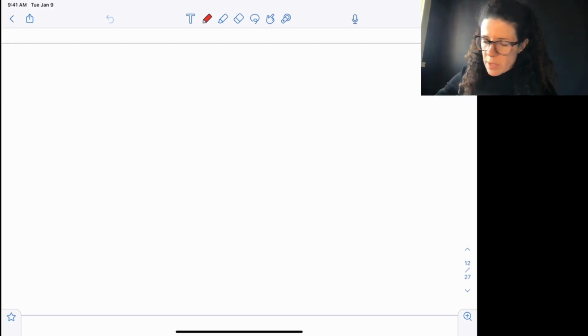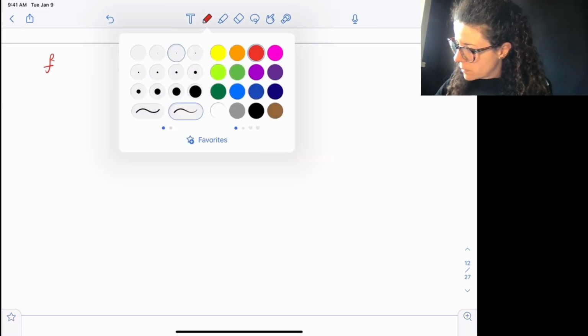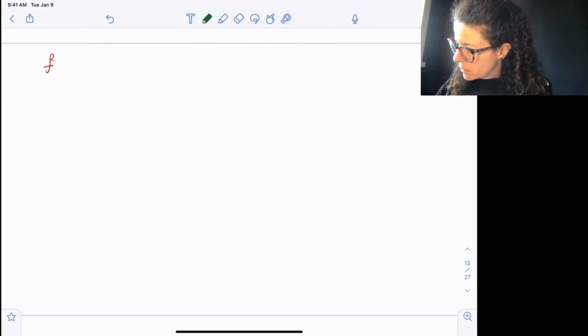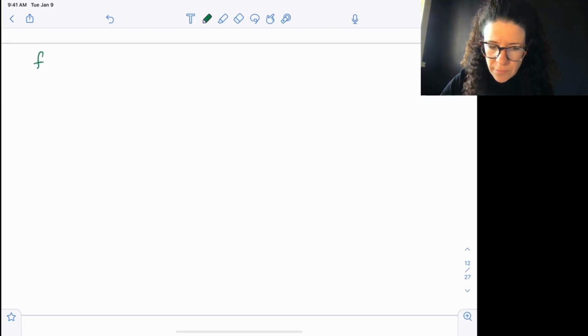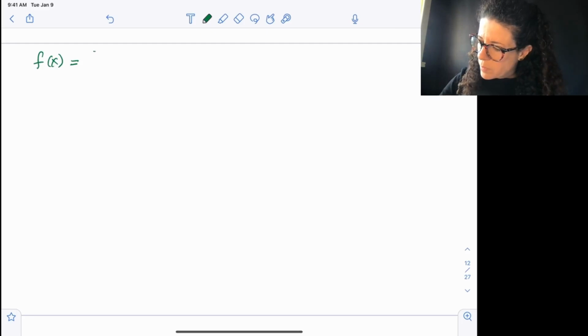So if you remember, the first assumption that we have is that our function f of x, our model, is going to be a sum of weighted base models.